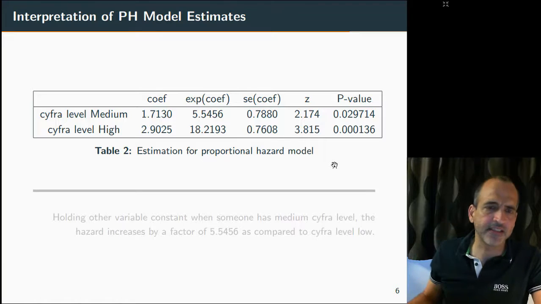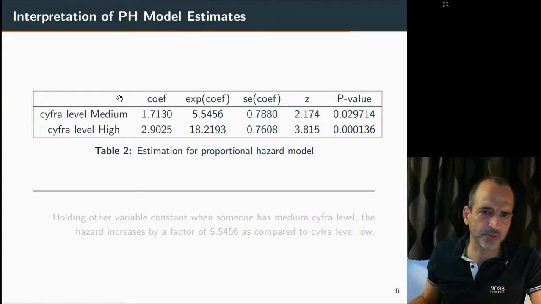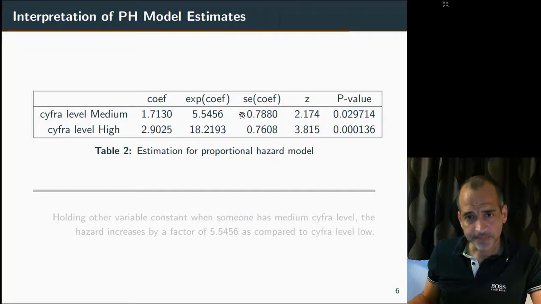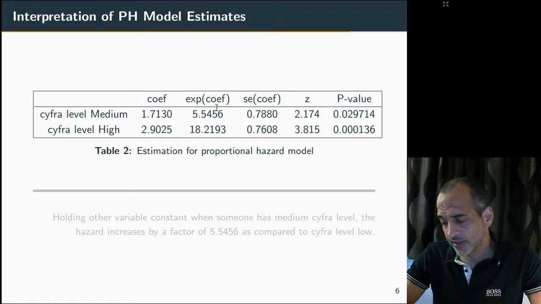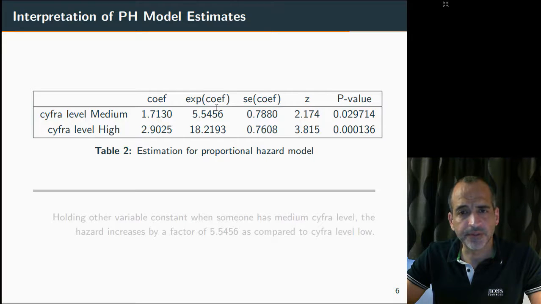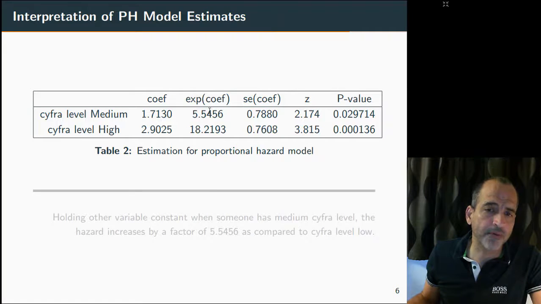Comparing to the low CIFRA level, which is our reference group, we can see that medium has 5.45 times more risk, an increase in the rate of the survival event, and high levels of CIFRA are 11 times more risky. And of course, all are significant.